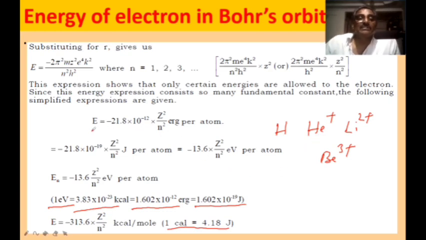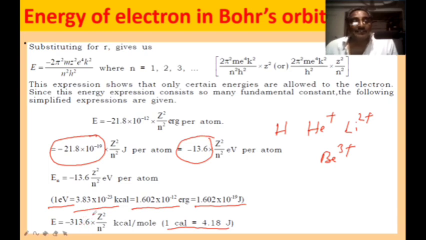E is equal to minus 21.8 into 10 to the power of minus 12 into Z square by N square ergs per atom, or minus 21.8 into 10 to the power of minus 19 Z square by N square joules per atom. This value is called 1 Rydberg. Or this value in kilocalories, this minus 313.6, is called 1 Rydberg.